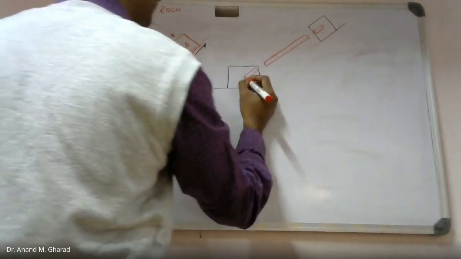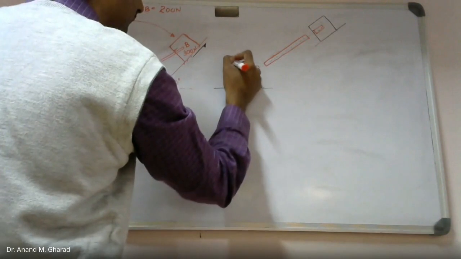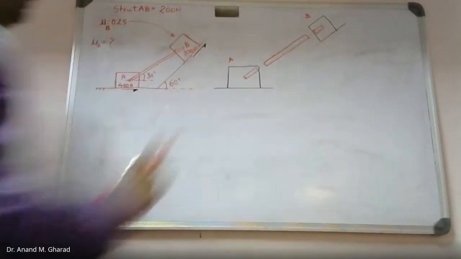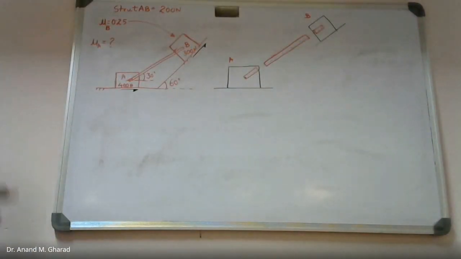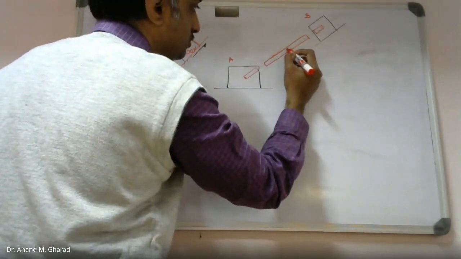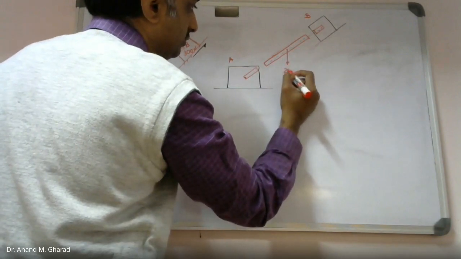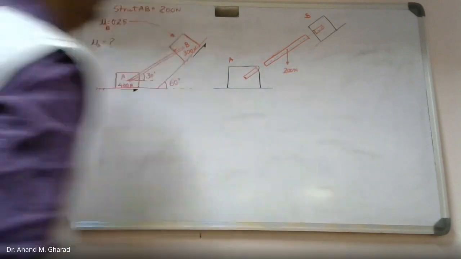So likewise, this is point B, point A. This block has got self weight that has to be remembered. Since it has self weight, this is 200 Newton, which is given.